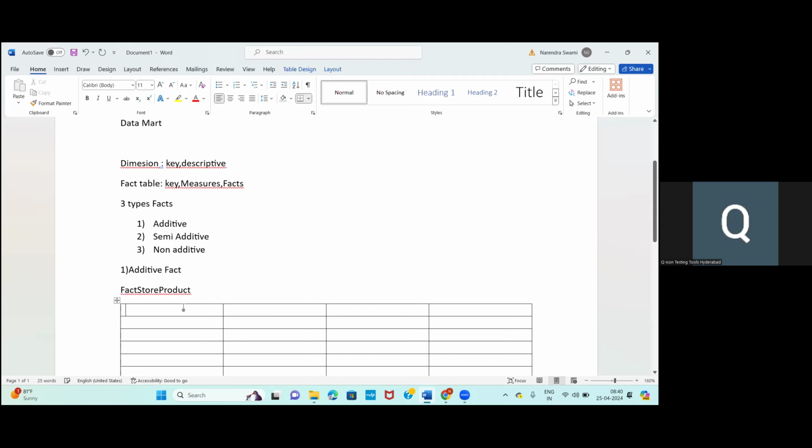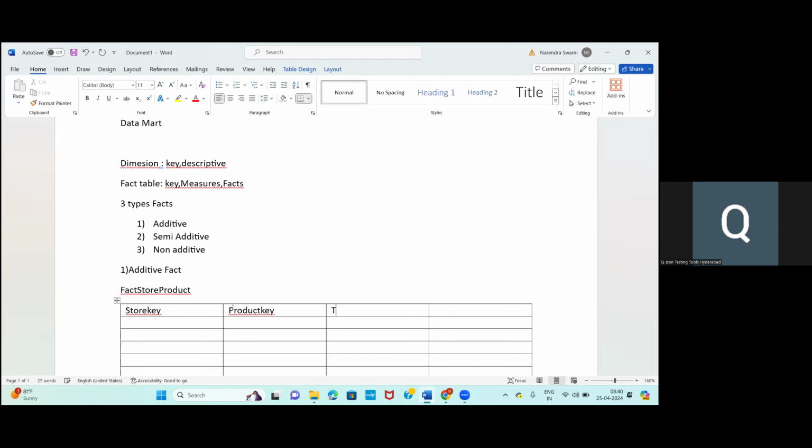The columns will be store key, product key, transaction date key, and revenue. Don't bother about where we get this store key. We will have a dim store and dim product, separate dimension tables, and from there we get these keys.